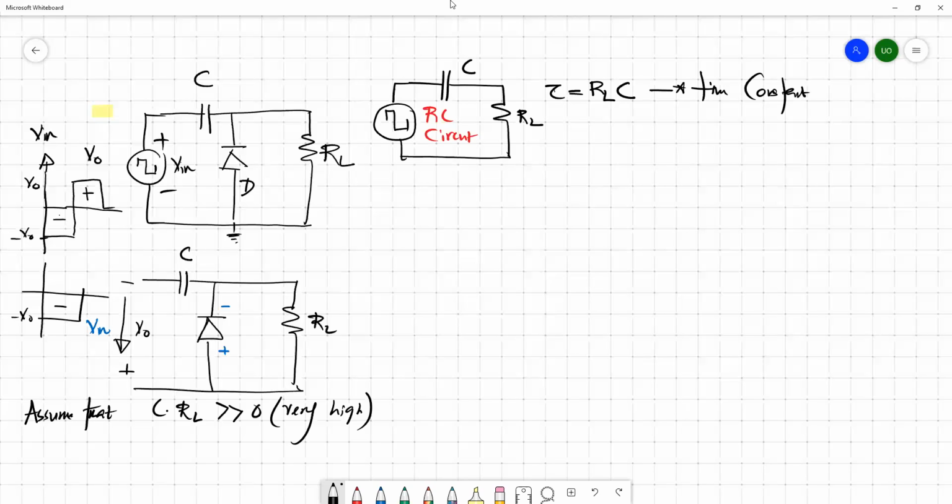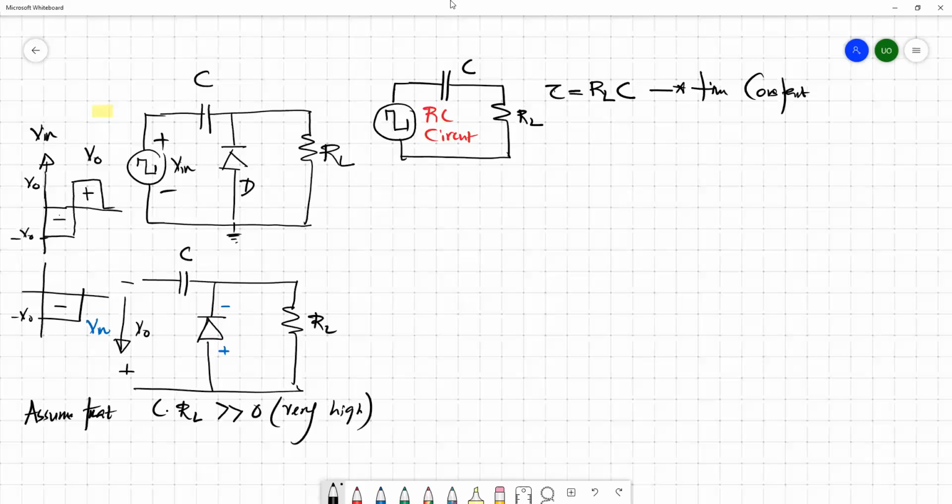So if we omit the diode, this entire circuit simplifies to an RC circuit, and for it we can define a time constant. The time constant gives an indication of how fast the charging and discharging happen.